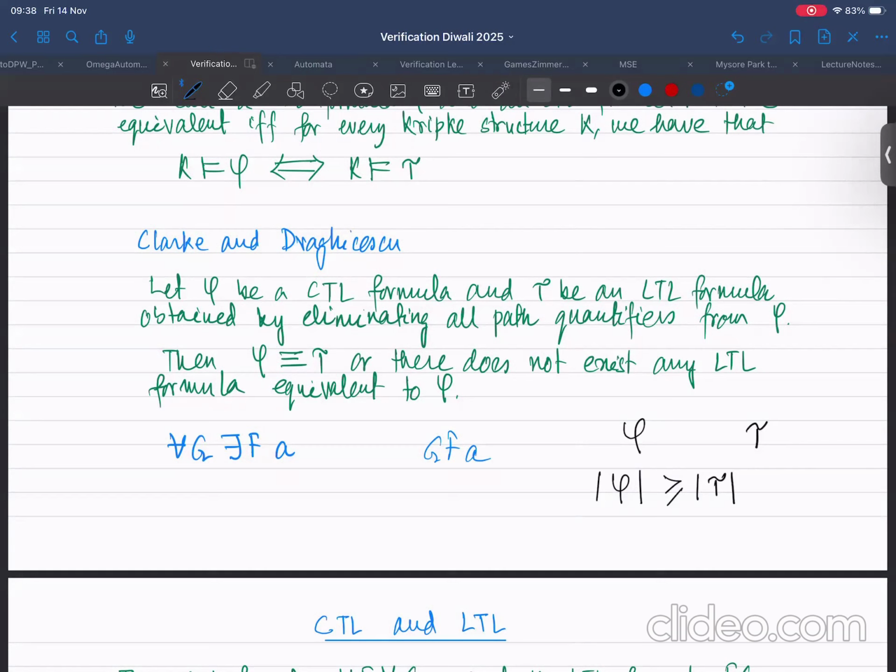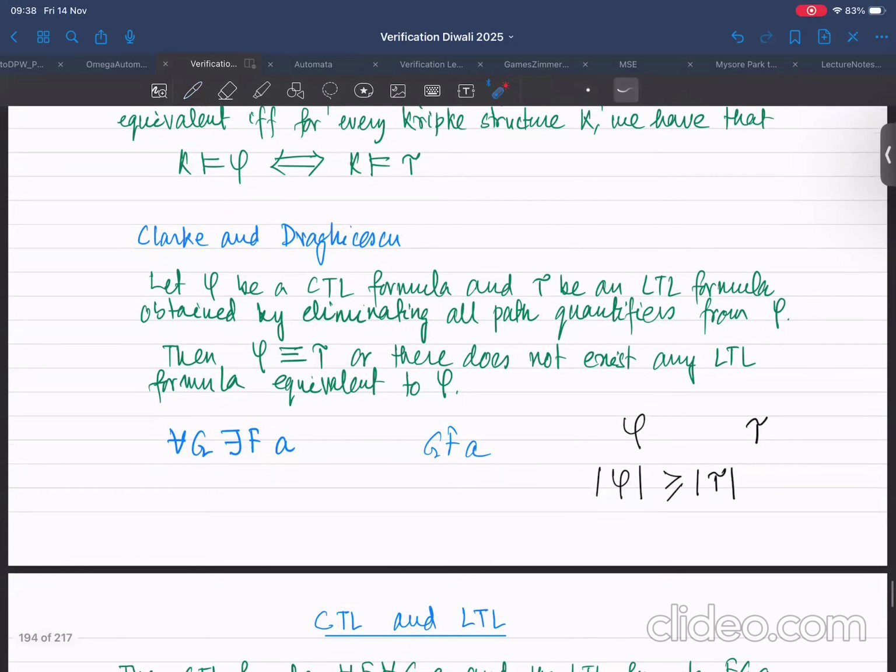But now the question is, how big can this be? There can indeed be properties where the CTL formula is exponentially larger.